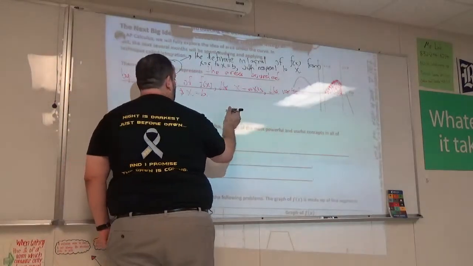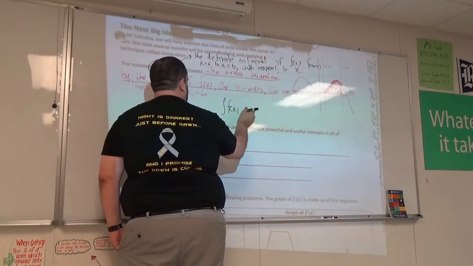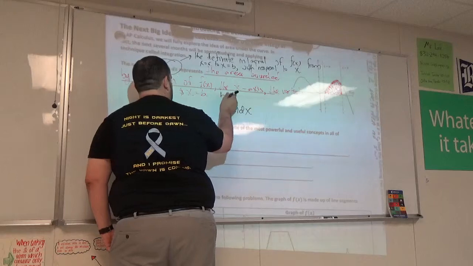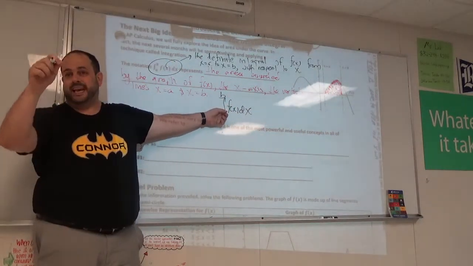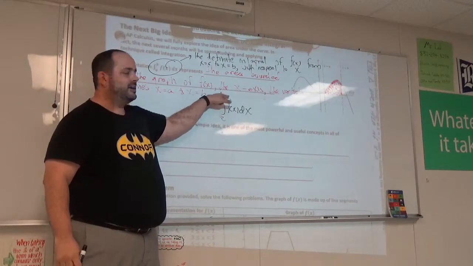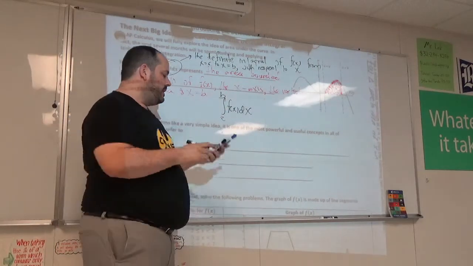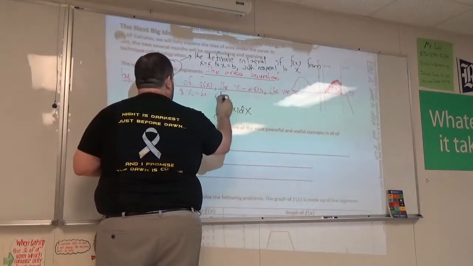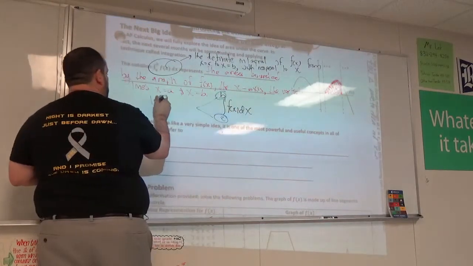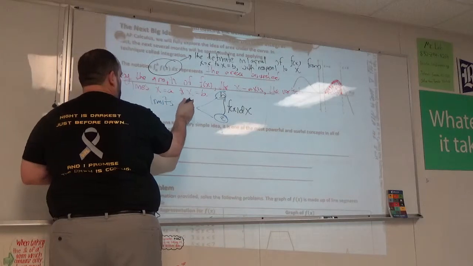So let's add a little bit here. Get a little bit of practice with writing that. It's a fancy S. Don't just do your plain S. You give it a little hook at the bottom, a little hook here at the top. The x equals a and the x equals b are called your limits of integration.